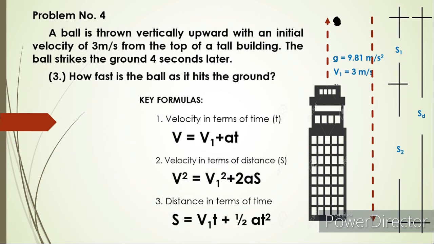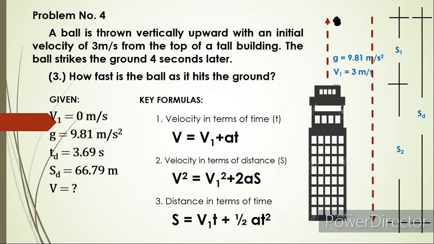Problem number 4, question number 3. How fast is the ball as it hits the ground? So, gaano daw kabilis yung bola nung ito ay tumama sa lupa? Given, we have V1 mula doon sa highest peak. V1, syempre, doon sa highest peak, nag-start ulit siya sa 0. Kasi di ba nag-0 yung velocity niya kanina pagdating ng highest peak.